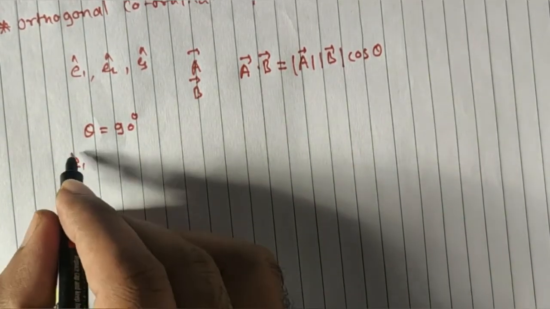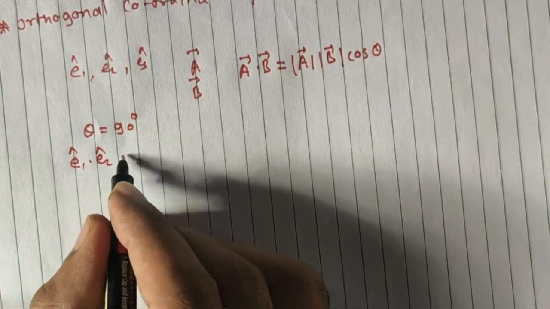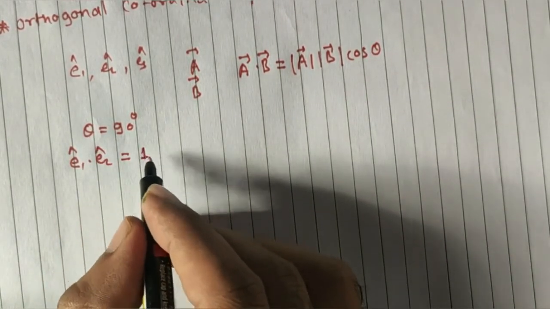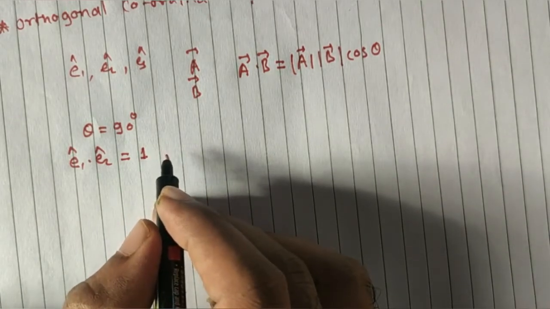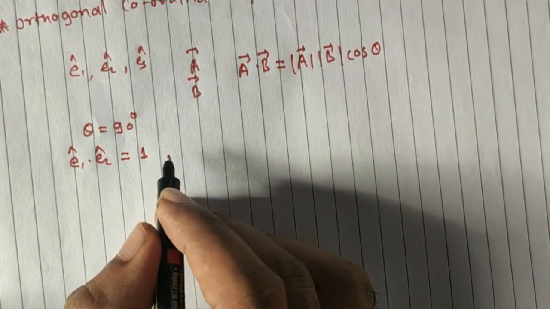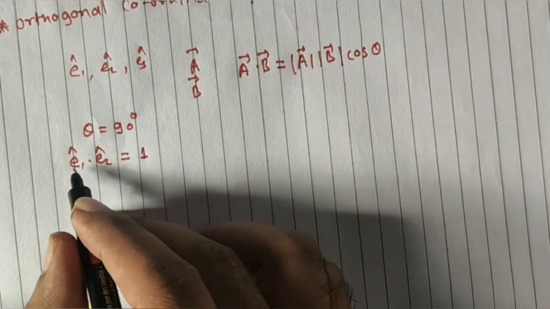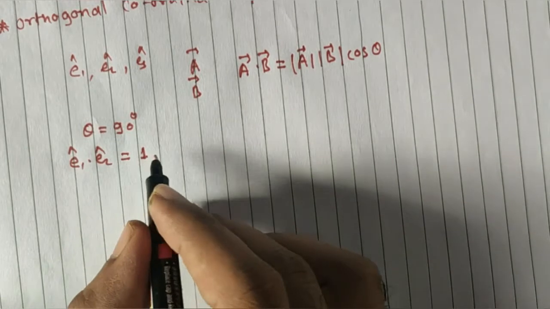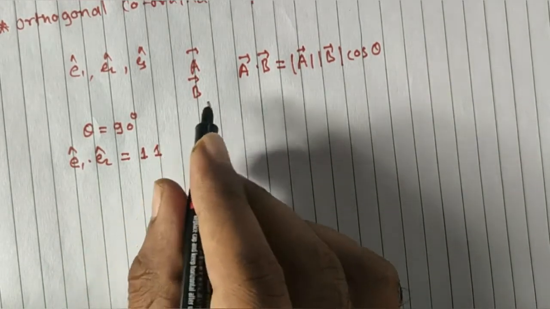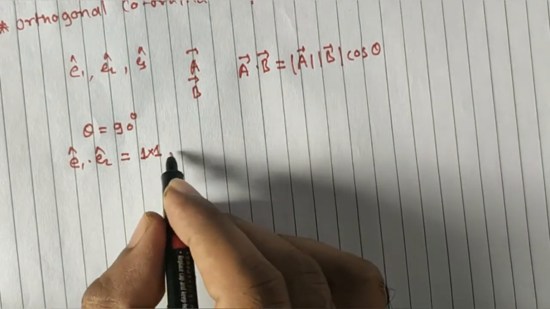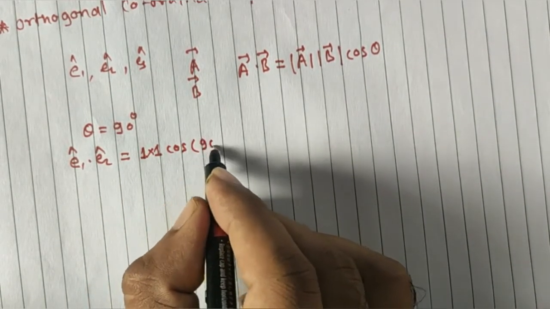So I can take dot product of e1 dot e2. Magnitude is 1, as they are unit vectors. e1 is unit vector, e2 is unit vector, and e3 is also unit vector. So their magnitude is 1. If I take dot product between e1 cap and e2 cap, then it will be 1, magnitude of e2 cap is also 1, and then cos of 90.